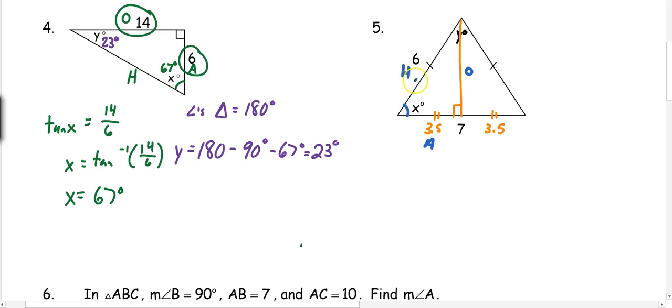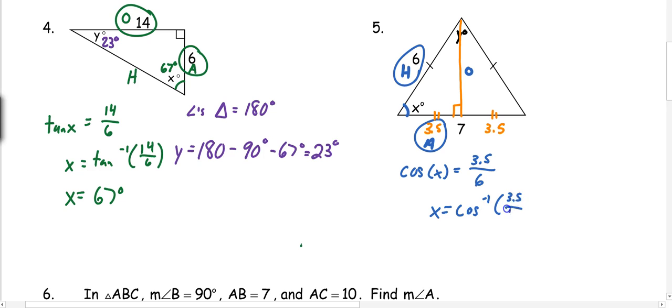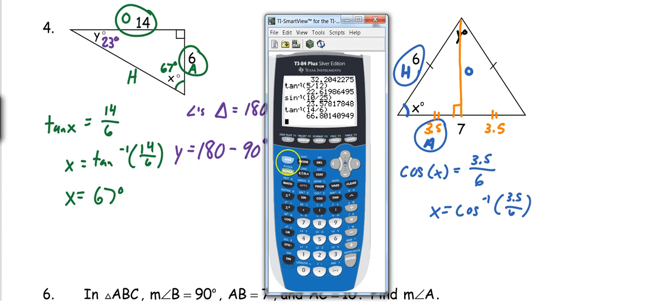Because I have information on the hypotenuse and the adjacent side, I'm going to use cosine. So the cosine of x is equal to 3.5 over 6. We need to use the cosine inverse again of 3.5 divided by 6. Second cosine, 3.5 divided by 6.